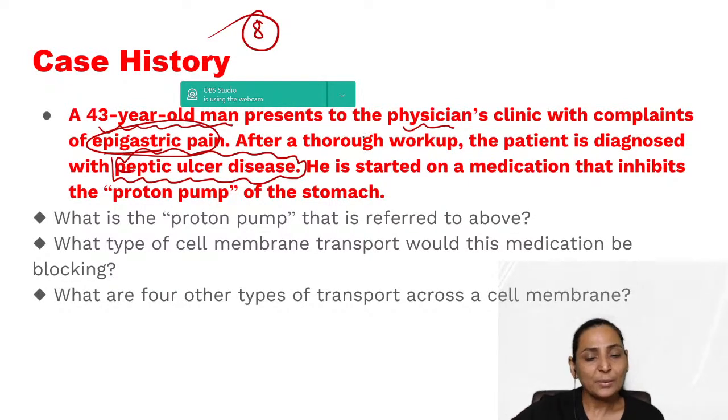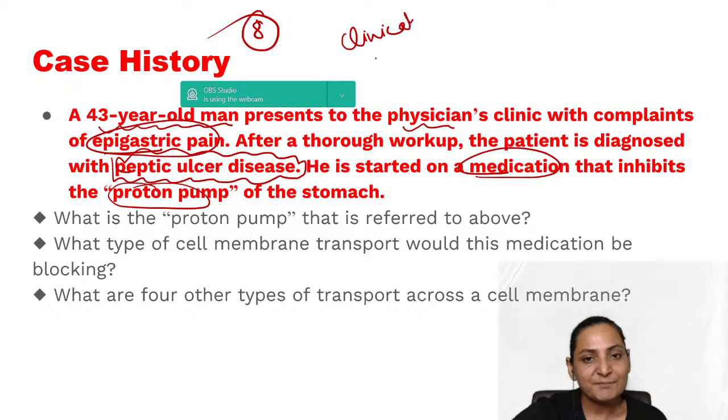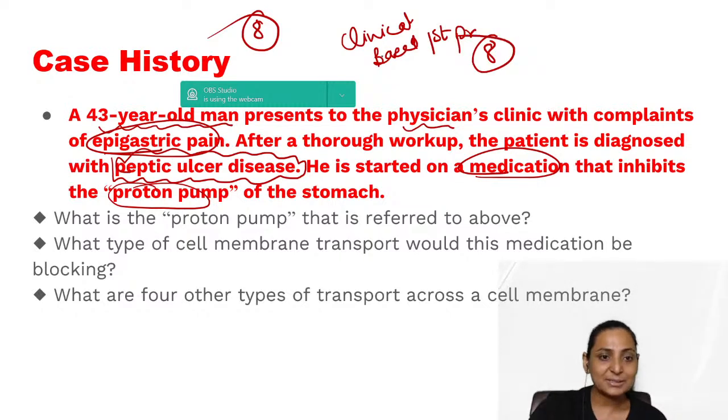Now he is started on a medication that is inhibiting the proton pump of the stomach, right? So this is a very typical clinical based question which you get in your first prof, and it carries 8 marks, right? If you know this very well, it is simply asking something about the proton pump.